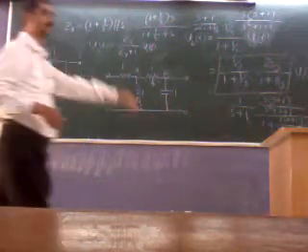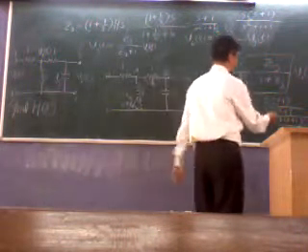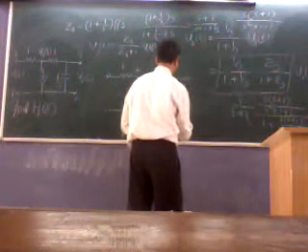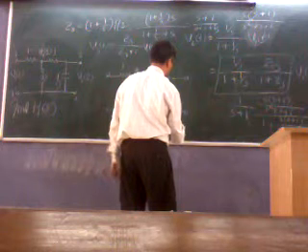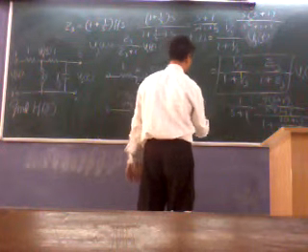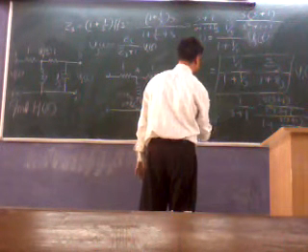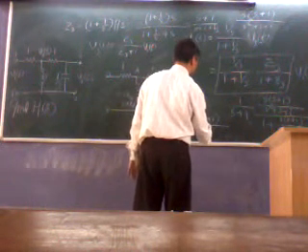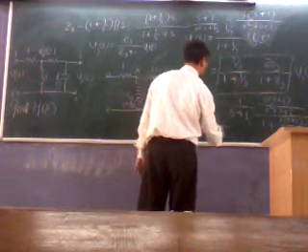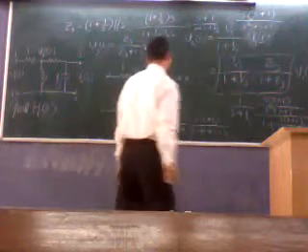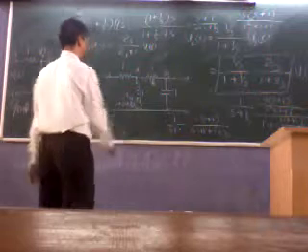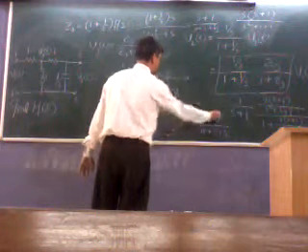So now what we get? s upon s square plus s plus, by this you multiply here, then this gets cancelled. So 1 upon s plus 1 into s plus this upon s square plus s plus 1 plus s square plus s. So this gets cancelled.